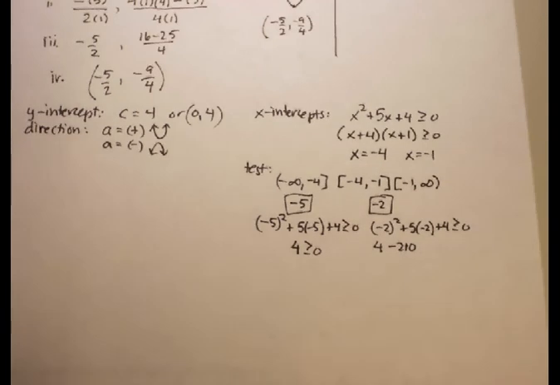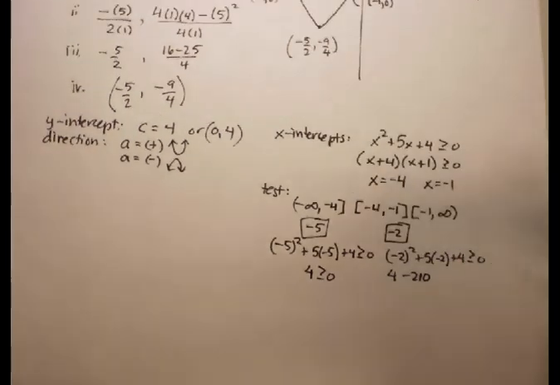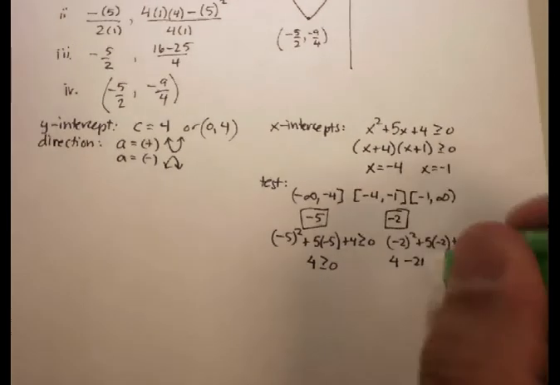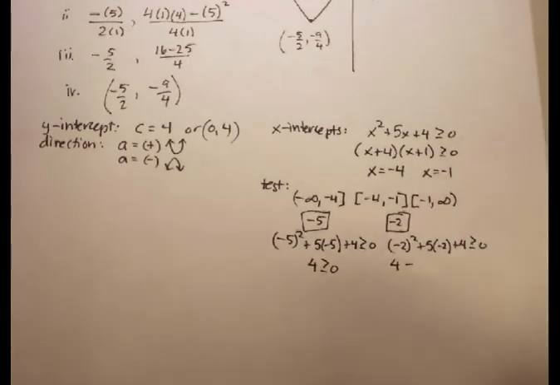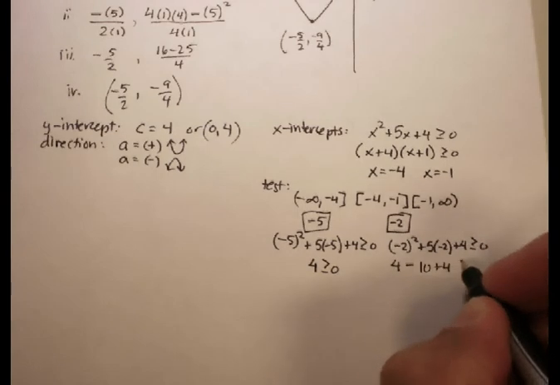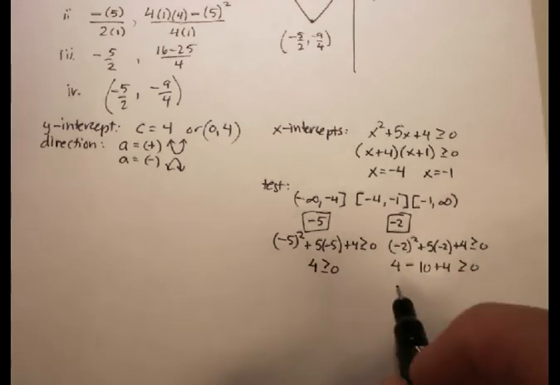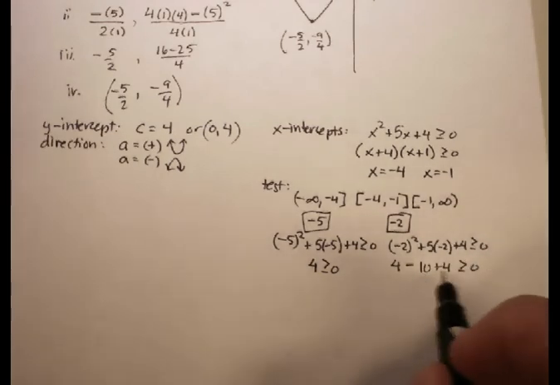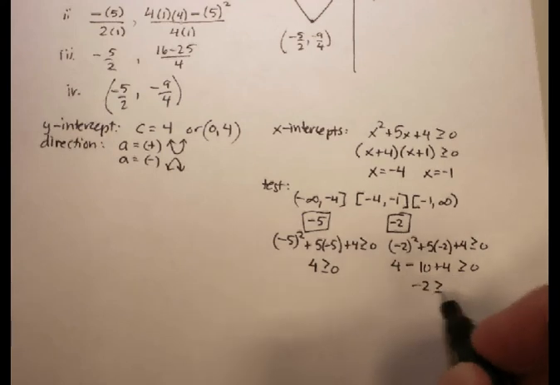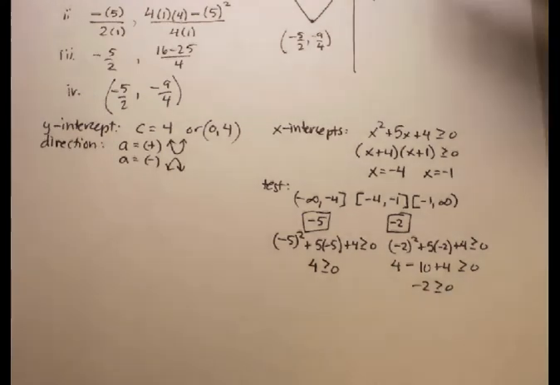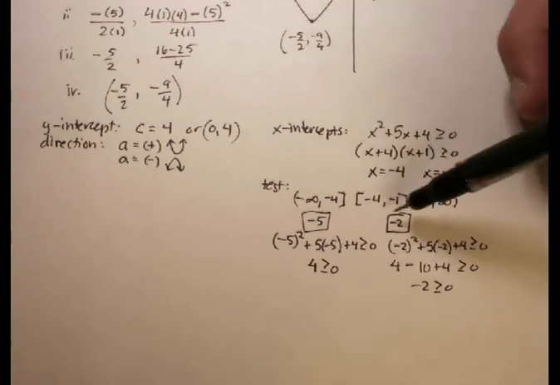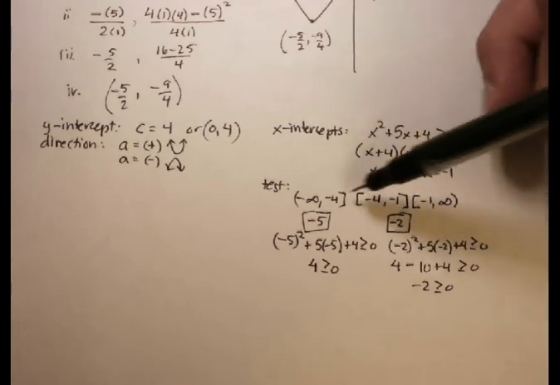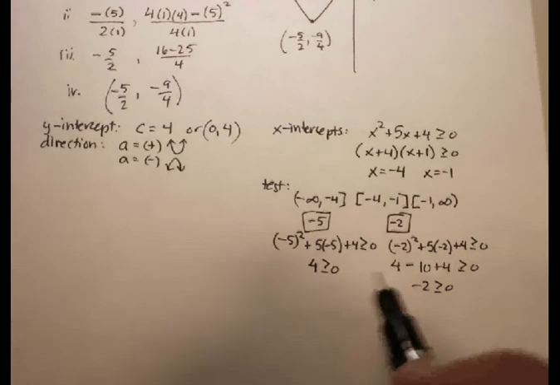I'm going to get 4 minus 10 plus 4 is greater than or equal to 0, and that's not going to actually work, is it? I'm going to get negative 6 plus 4, or negative 2, is greater than or equal to 0. That's actually okay, because that means I'm not going to shade what's inside here, and I don't have any overlap with my negative 4s.